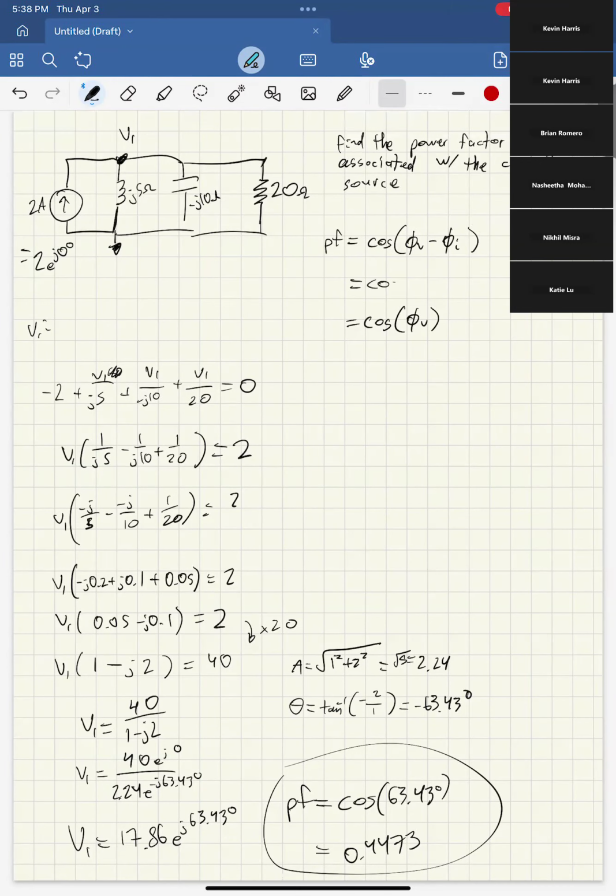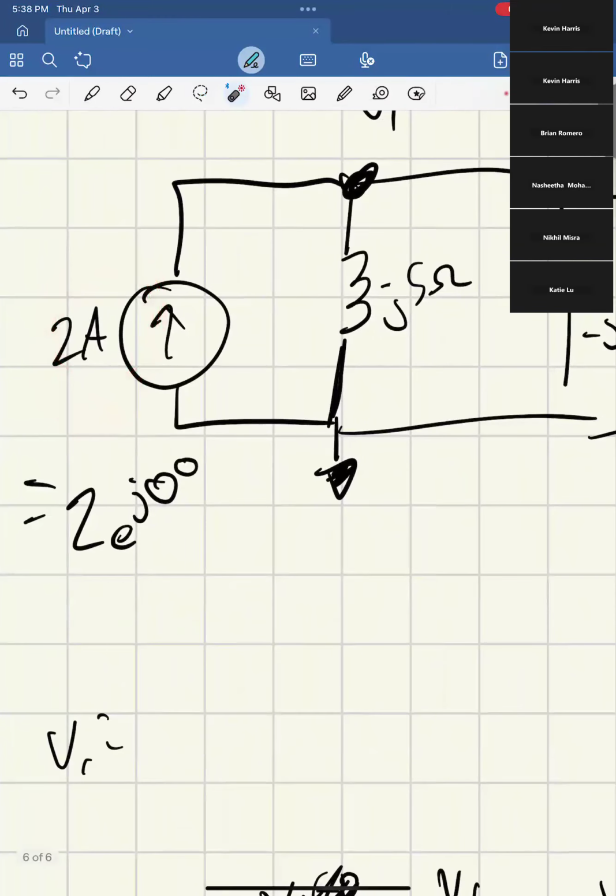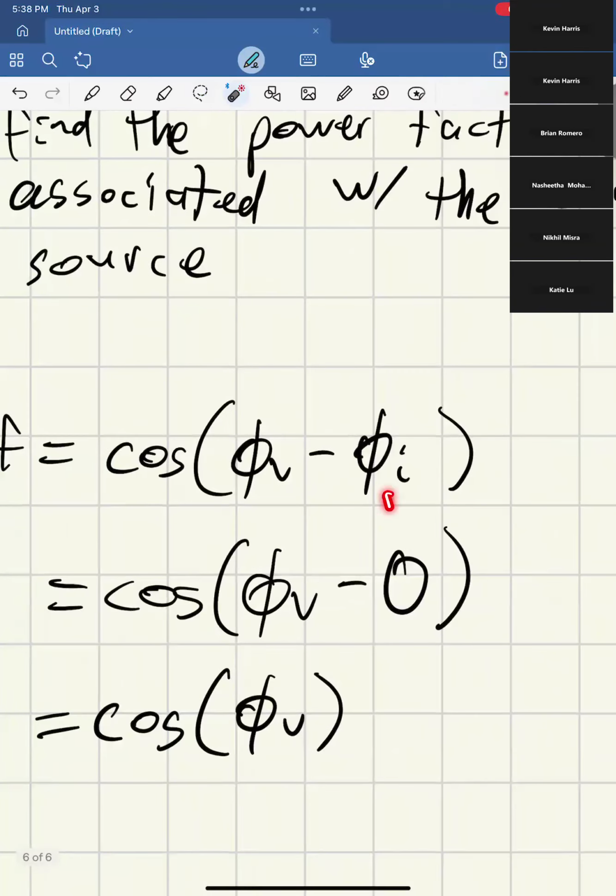It's cosine, but for this specific question, we know that the phase of the current is 0, because the current is given as 2 amps, which is 2 amps with 0 phase. Since it has 0 phase, we can plug 0 in for the phase, and then you can just cross it out. So we're just looking for the phase of the voltage. Okay, I think I got everything there.